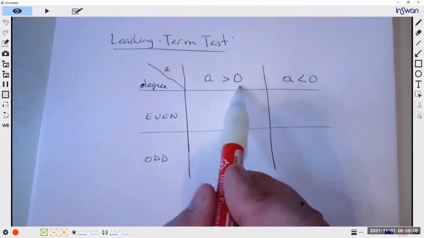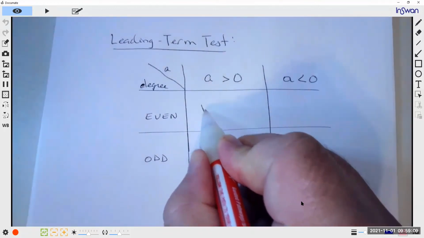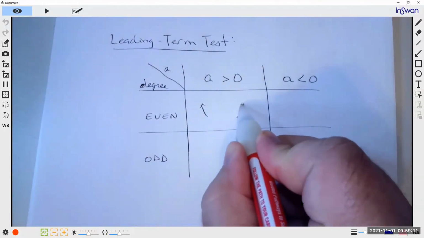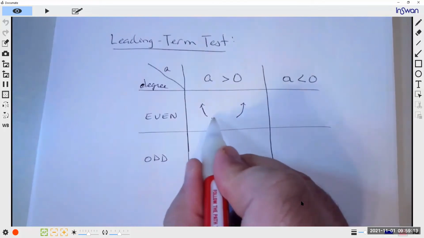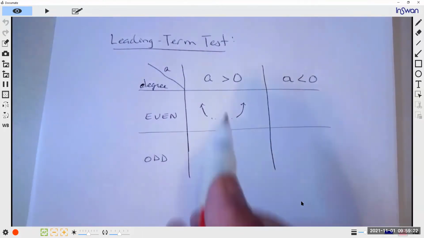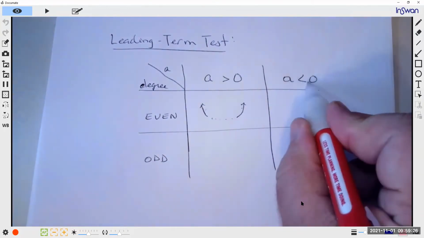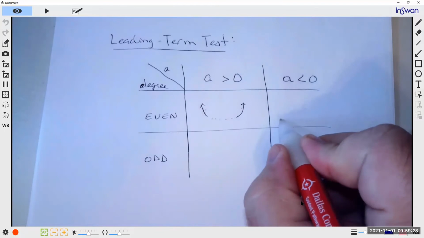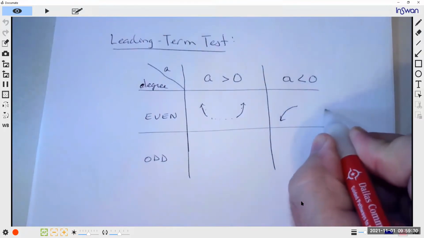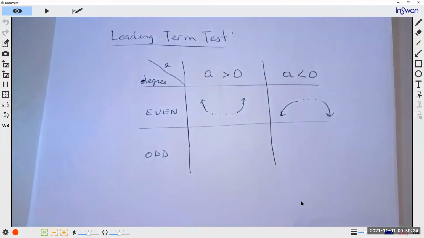If the leading coefficient is positive and the degree is even, the only thing we know for sure is that both ends point up. What happens in the middle, we don't know. But we know both ends point up. If A is negative and there's an even degree, then the only thing we know for sure is both ends point down.